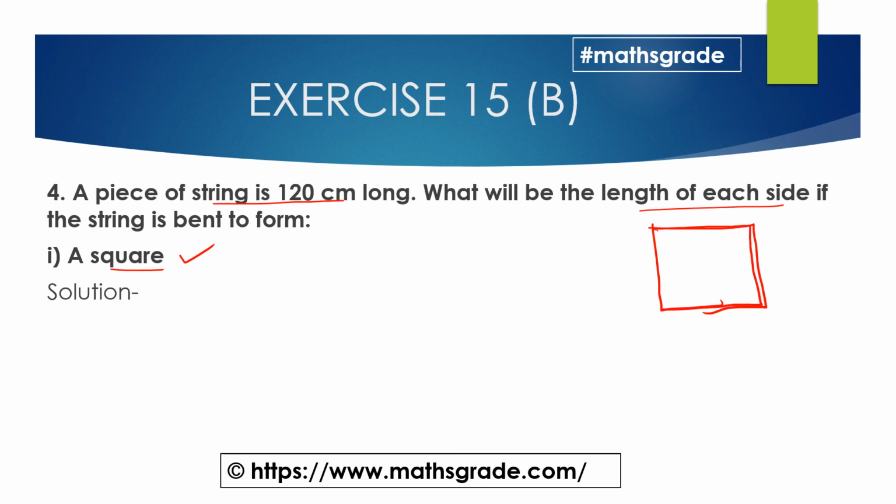That is, the perimeter is given as 120 centimeter. The sum of all the four sides is equal to 120 centimeter.